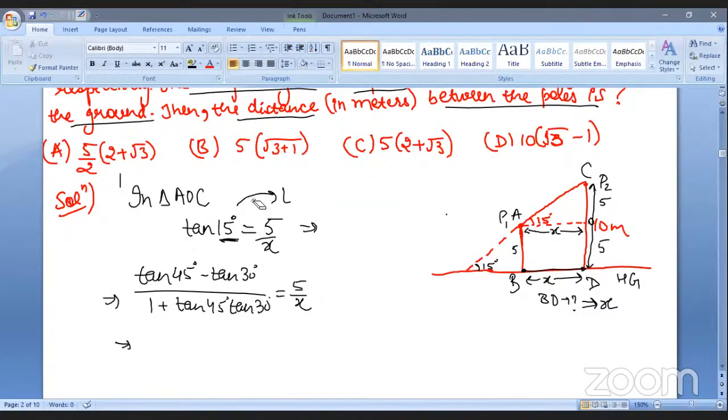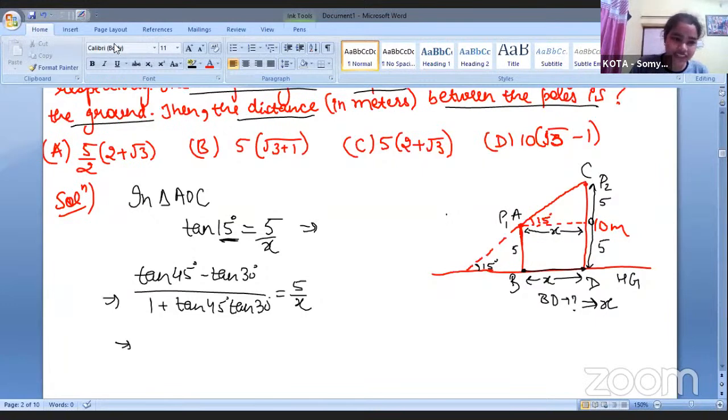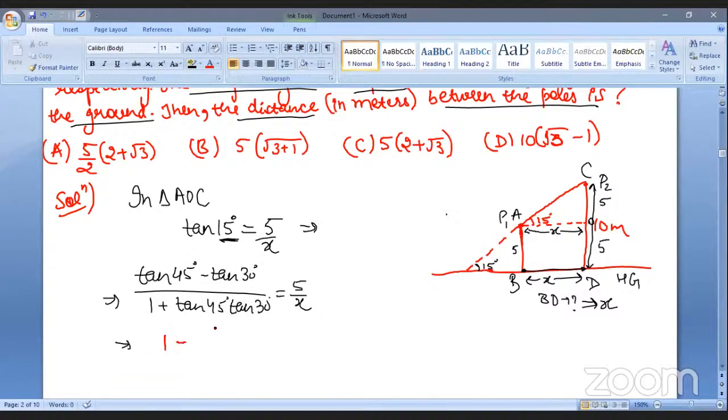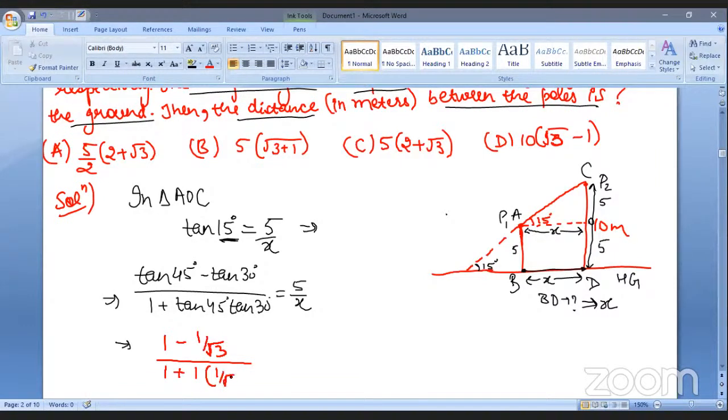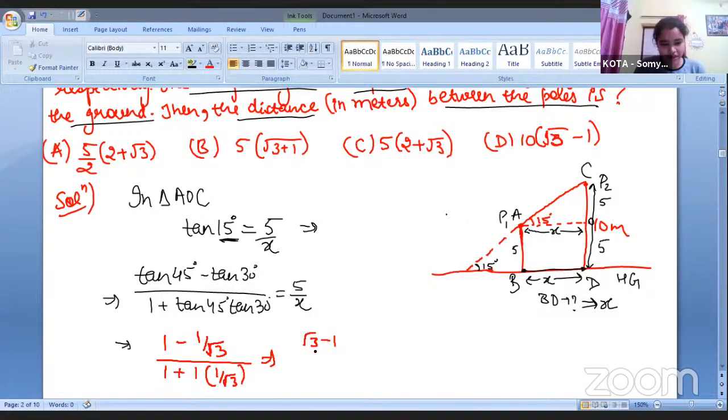As I was saying, because we don't know the value of tan 15 here, we can just write this formula and get it from here. Now, what is tan 45? 1. What is tan 30? 1 by root 3. Correct. So this will be 1 minus 1 by root 3 over 1 plus 1 by root 3, which is root 3 minus 1 divided by root 3 plus 1.